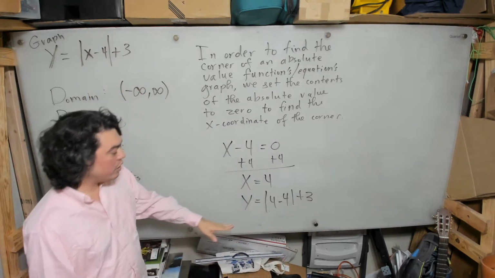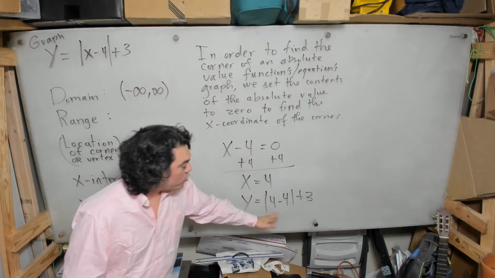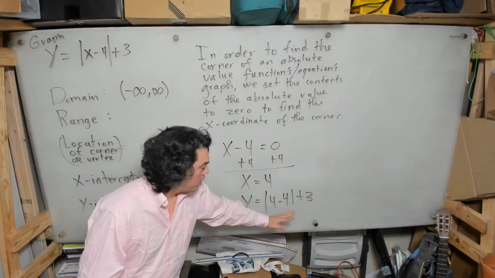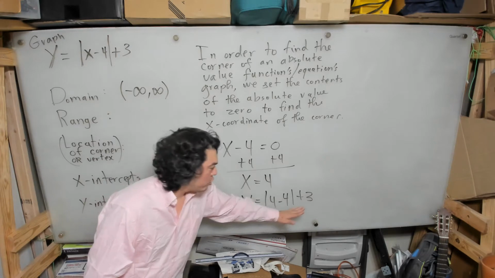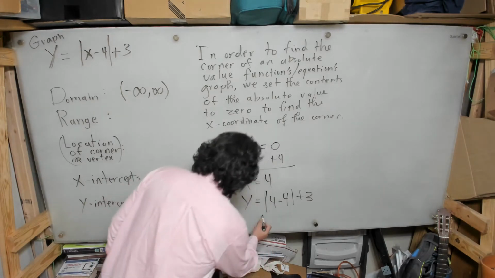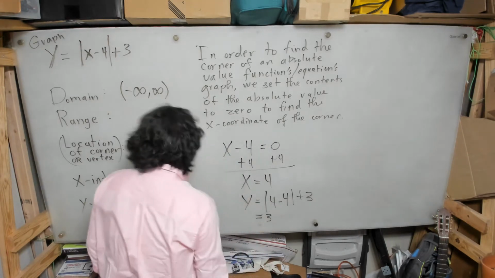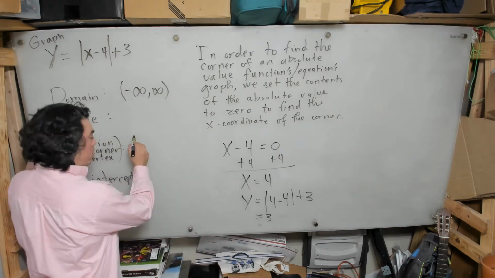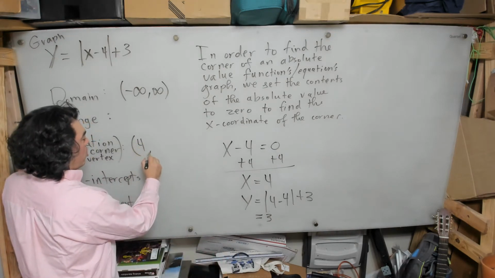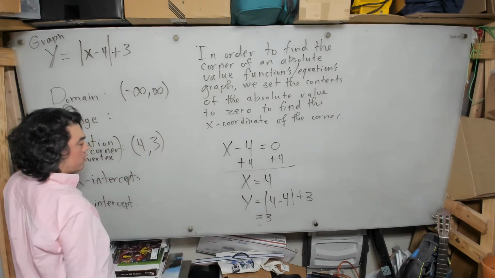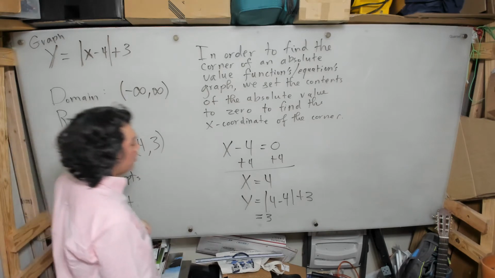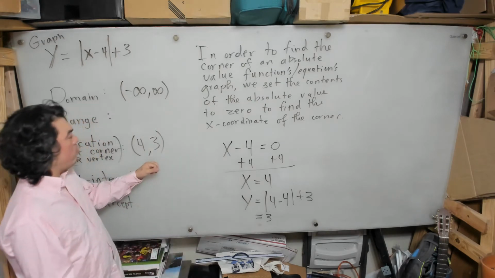Aha! Notice here, what is 4 minus 4? That's 0. Absolute value of 0 is 0. 0 plus 3 is 3. So we know that our corner point will be at (4, 3). Okay, so now we have our corner point.